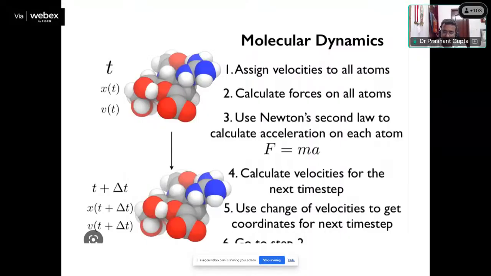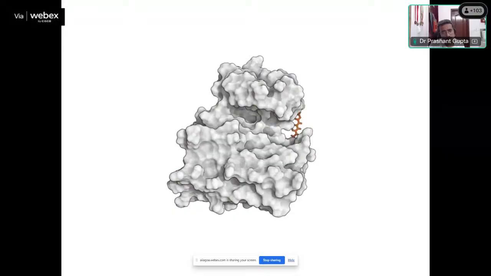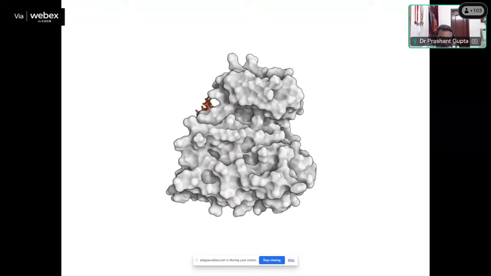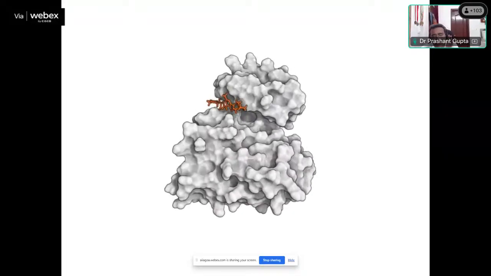And in dynamics, I'm not going into the details of the physics or the computational approach of how we came to dynamics. I'm just giving you a glimpse of how dynamics works in the computer. And this is real time. This video will show you one thing. Here you can find the protein is also moving and the phytoconstituent is also moving.